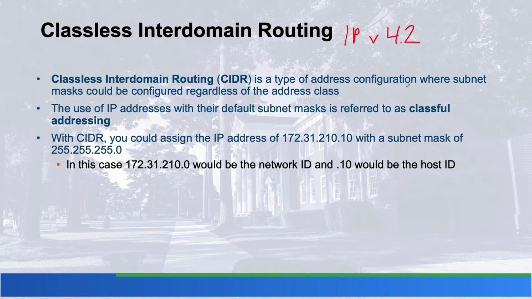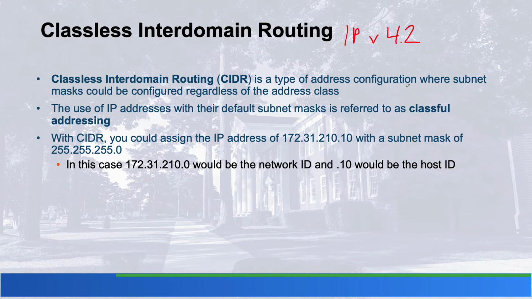In the beginning, IP version 4, we had classful addressing, where we had the different classes: A, B, and C. Remember, because of the classes, we wasted a lot of addresses. A Class A address would allow you to have 16 million computers on your network. Well, that was very wasteful.